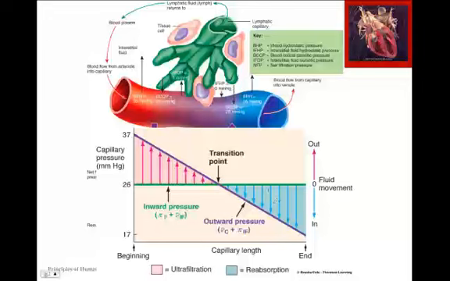So here on the arterial end, our hydrostatic pressure is greater than our osmotic pressure, so we have a net loss of fluid from the capillary into the tissues. And then here on the venule end, because our hydrostatic pressure now is less than osmotic pressure, we see a net movement of fluid into that vessel.